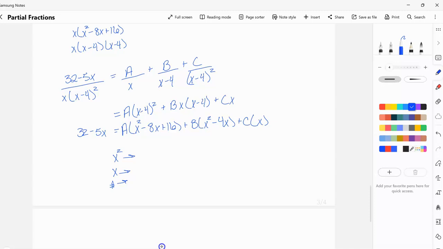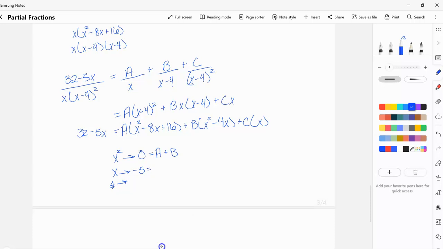You can do that. On the left-hand side, we do not have an x squared, so its coefficient is 0. On the right-hand side, if I were thinking about multiplying this through, I would have an a as the coefficient of x squared, and I would have a plus b as a coefficient of x squared. Coefficients on the left of x, we're going to have a negative 5.